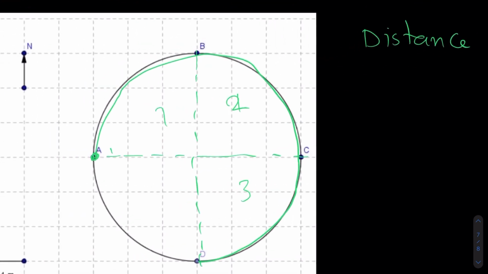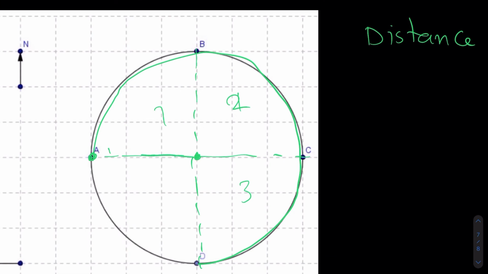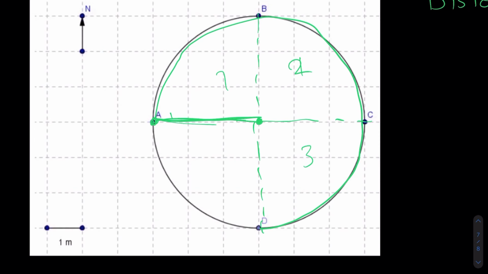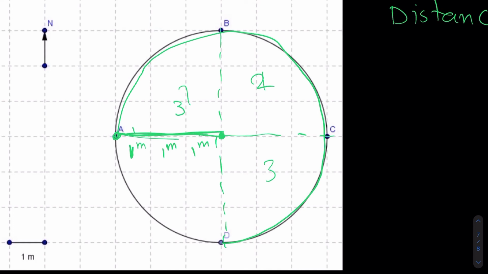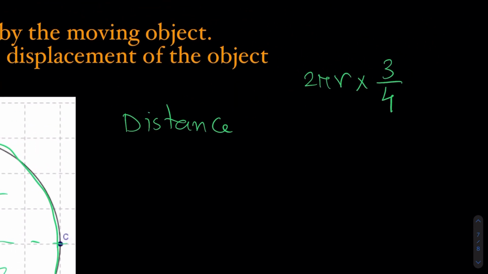But now we need to calculate also r. What is the r from this point to here? Well, it's given 1 meter each unit. So 1 meter, 1 meter, 1 meter, and this will be equal to 3 meters. So the radius is 3 meters. So we just substitute 2 pi times 3 times 3 over 4.